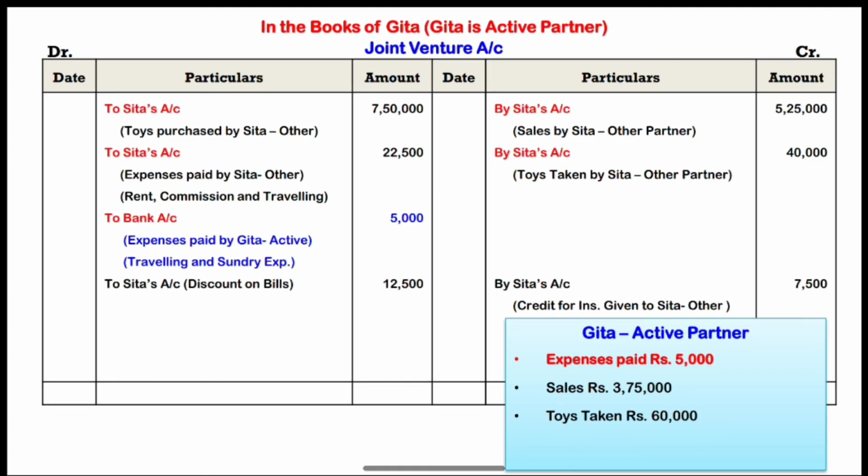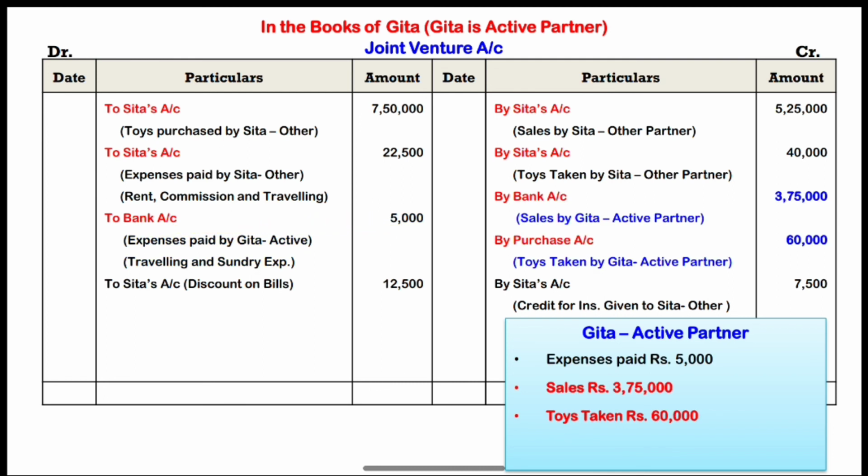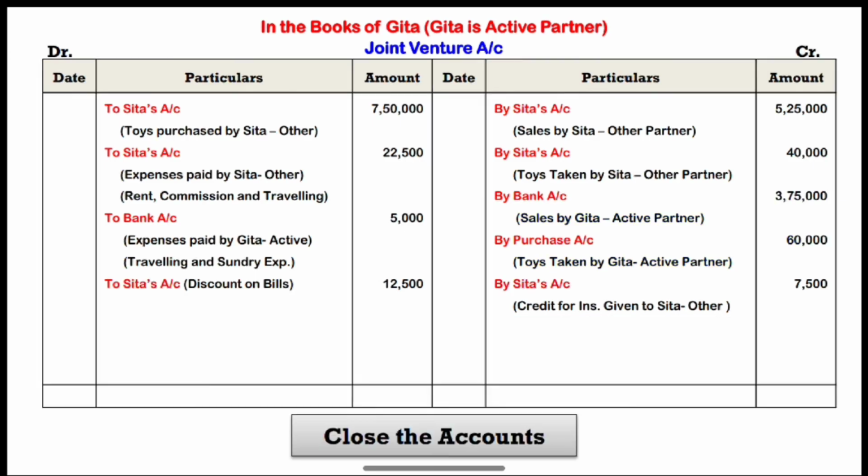So expenses on debit side, one effect to bank account, expenses paid by Gita active partner 5,000. Sales and stock taken, that is on the credit side, by bank account, sales by Gita, by purchase account, stock taken by Gita, that is an active partner. Clear? Perfectly clear. Now this is the effect of all the transactions.